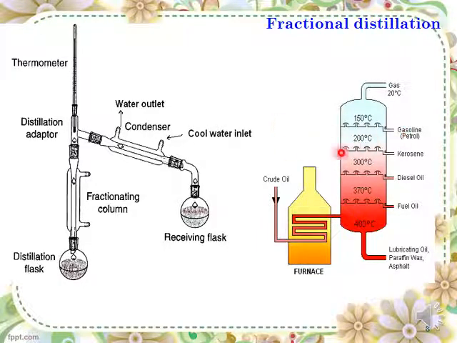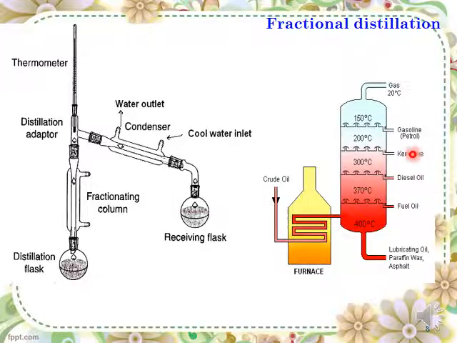Okay, fractional. So at lower temperature, gas can be collected. And then at 150 degrees Celsius, we can collect gasoline or petrol. The rest still remains as a mixture. But if we increase the temperature higher, up to 200 degrees Celsius, we can collect kerosene.